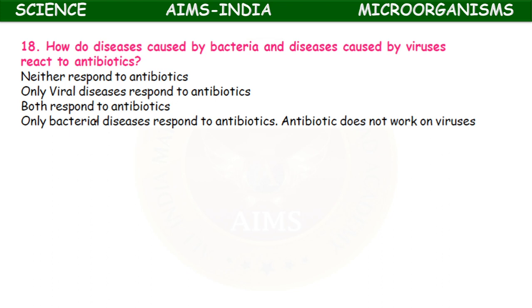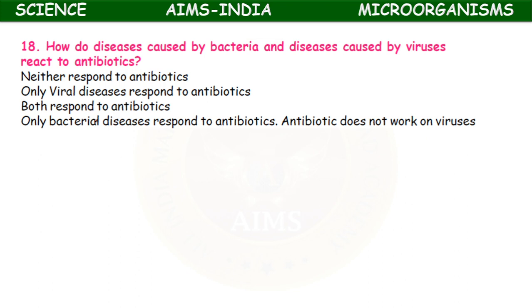Next, how do diseases caused by bacteria and diseases caused by viruses react to antibiotics? Means how the antibiotics show their action on a bacterial as well as a viral disease.